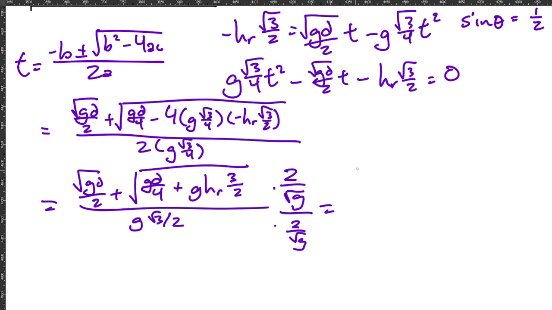Which is equal to, oh, this is where things get hard. Square root of d, right? Square root of d plus the square root of this, 2 cancels, this square root of g cancels. D plus 2, this is square root of 4. So this is now 3 times 2, 6 times hr, because g gets canceled.